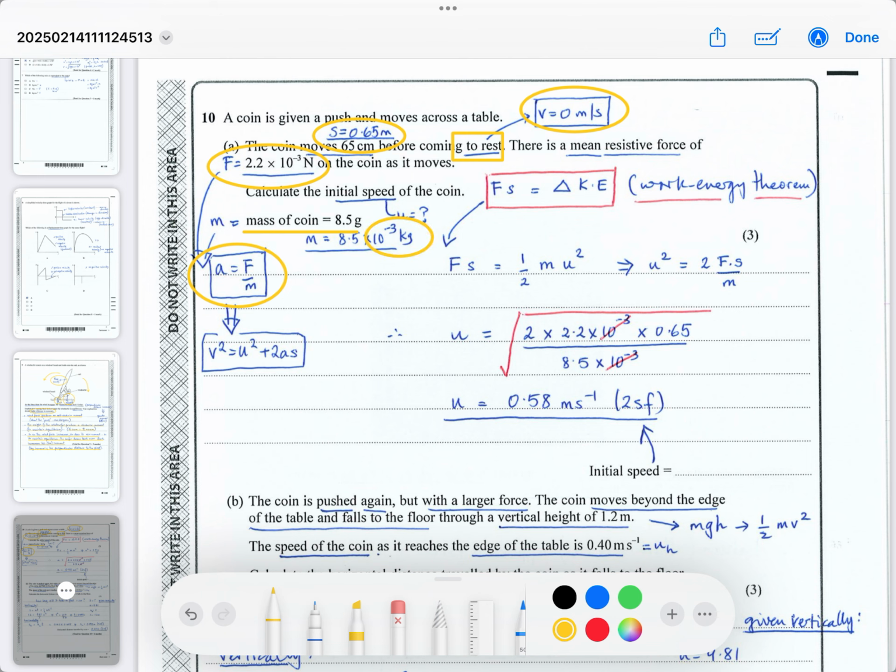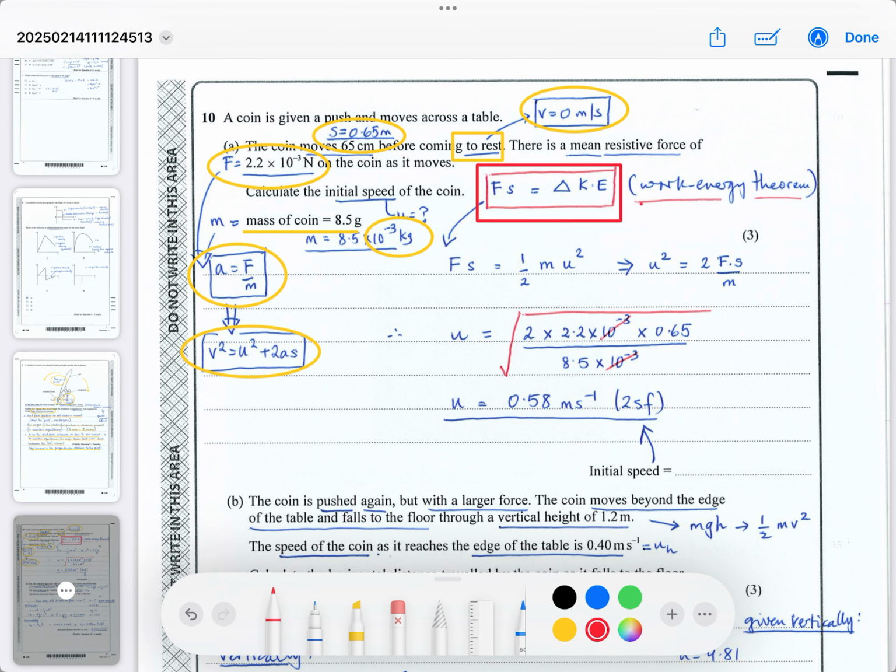Once you do that, because you know a and you know v, you'll be able to use v squared equals u squared plus 2as. An alternative method is to say that the work done by the resistive force F, in the equation in the red box, is equal to the loss of kinetic energy. I've put it in a red box here.